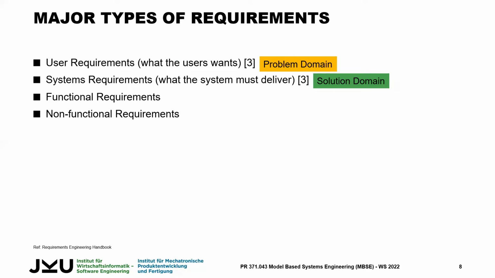So functional requirements and non-functional requirements. The guys who are working with software engineering, I think these are very common terms for them. And also for us, because we have to deal with everything: mechanical, software, electrical. So systems engineering is the mixture of almost everything.